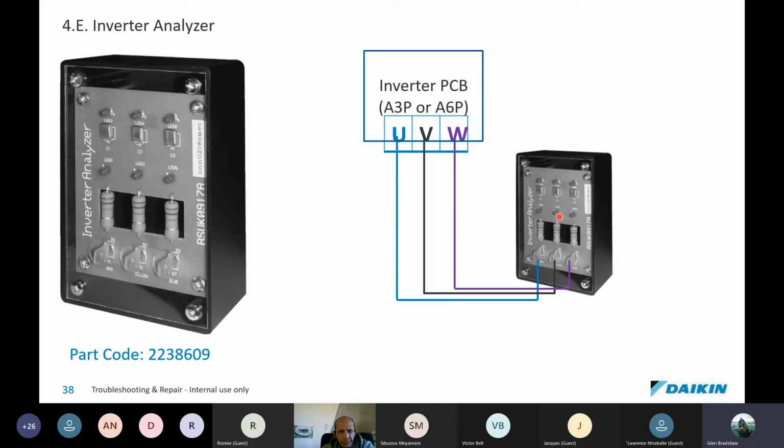Now, I know that we're talking about VRV4 this afternoon, but something that we pick up from time to time is where the Inverter Analyzer is used on the old VRV3 PC boards, and they test fine, but when connected to a compressor, the PC board still gives an L5 alarm. Something just to remember is that PC boards also have a usable life. I think some of these PC boards are rated at about 40,000 hours, and when they start getting to that sort of usage in their life, they may need to be replaced.